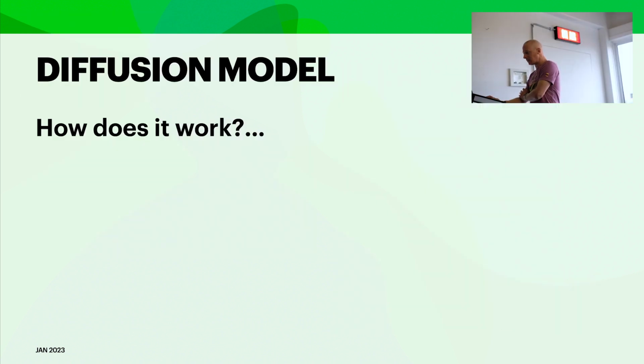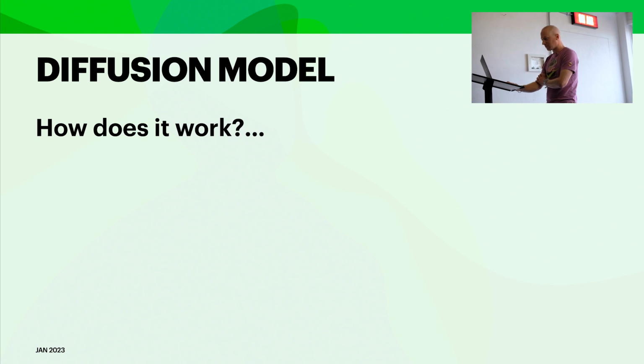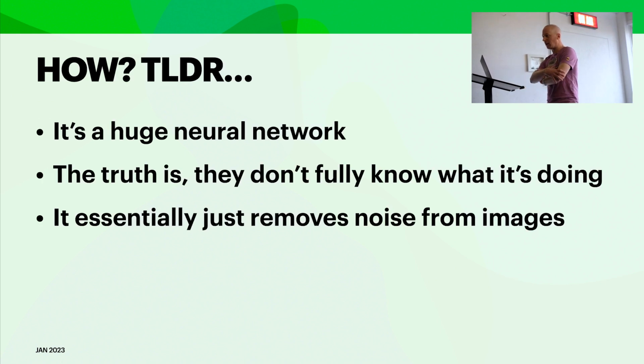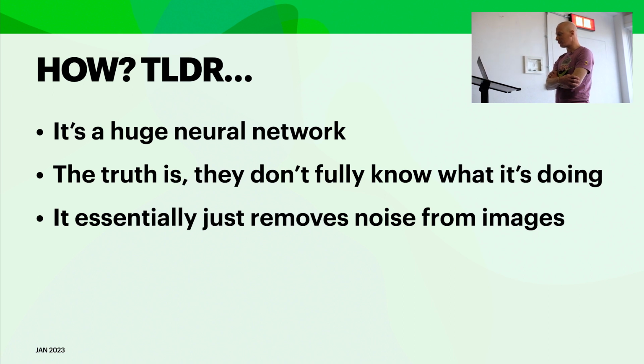So we're going to talk a bit about how diffusion models work. Hopefully this is not going to be too crazy. To be honest, I can't understand a lot of it, but I'm going to try and explain what I understand in a way that hopefully you understand too. So let's start. What are diffusion models?